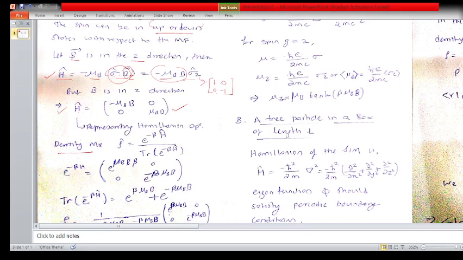Then if you consider the density matrix, we know it from the canonical ensemble. We can write the density matrix rho as e raised to minus beta H divided by the trace of e raised to minus beta H. This we have already discussed.